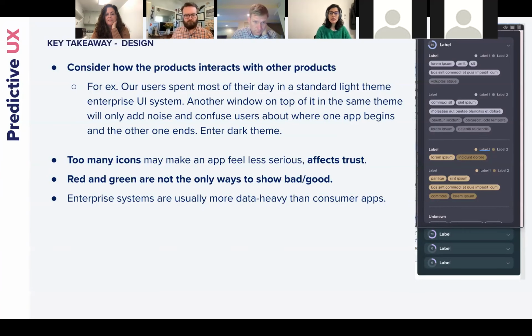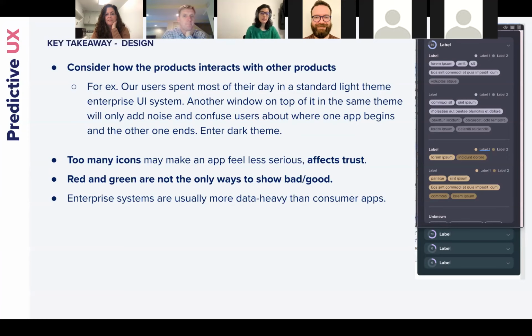So we had to really consider how this product would work with multiple different types of EHRs. And we realized that we can adjust the colors as much as we want, but ultimately they needed something really higher contrast. So this is why we suggested the dark theme. Too many icons may make an app feel less serious.